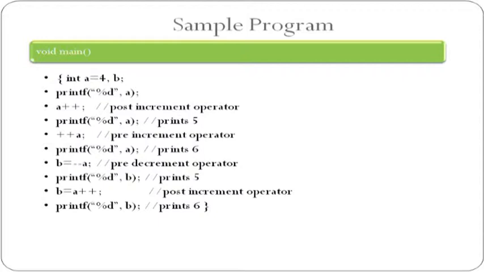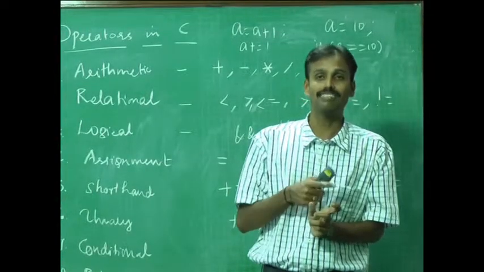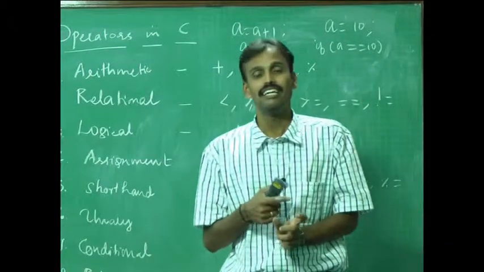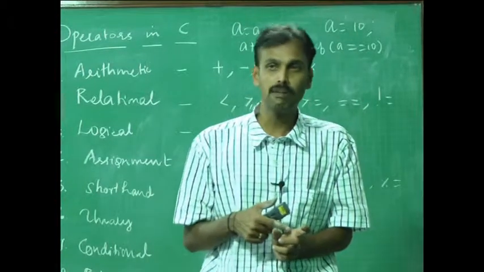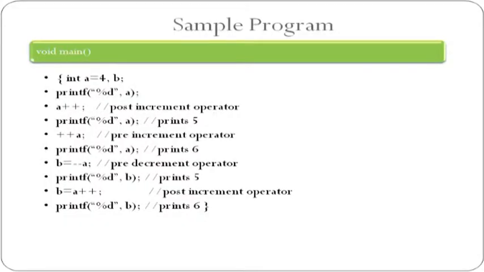That is, before the value of a gets assigned to b, I would like to decrement the value of a. The value of a before this happened to be 6. So the decrement happens before assignment, which means that a gets diminished to a value of 5 before it gets moved into b. That is why in the next printing statement it gets printed as 5 against a and 5 against b.